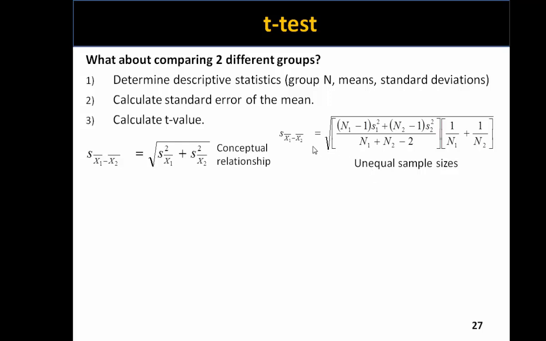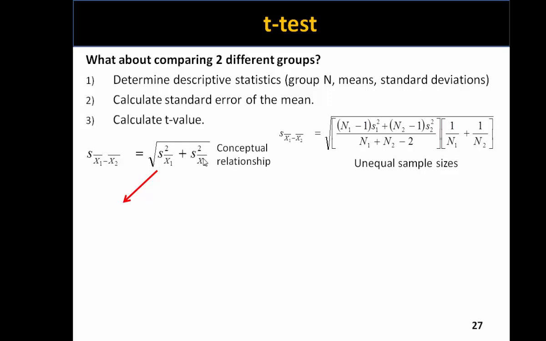And so the equation on the right-hand side would typically be used, where we would treat each group separately in this long equation to arrive at the standard error of the mean difference. In this example, I'm going to go with the conceptual relationship as a means of calculating the t-value.